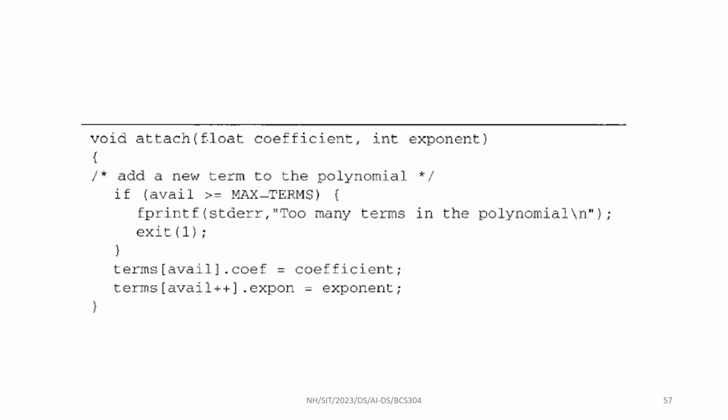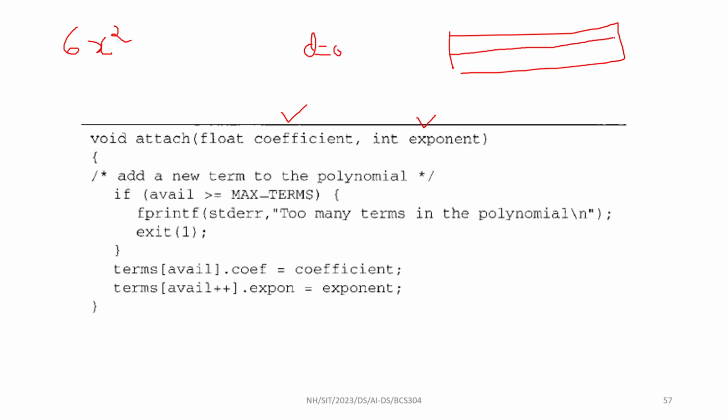For attachment, what is required? The coefficient of the term to be added and the exponent of the term to be added. For example, if D is 0, what is required? In the next memory location, you are going to add the term. If suppose 6x square is required to be added, suppose these are all the things already occupied.